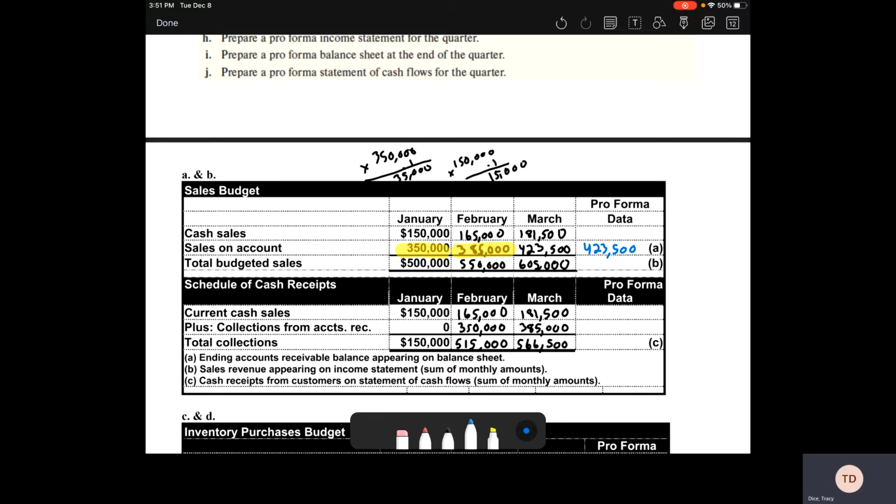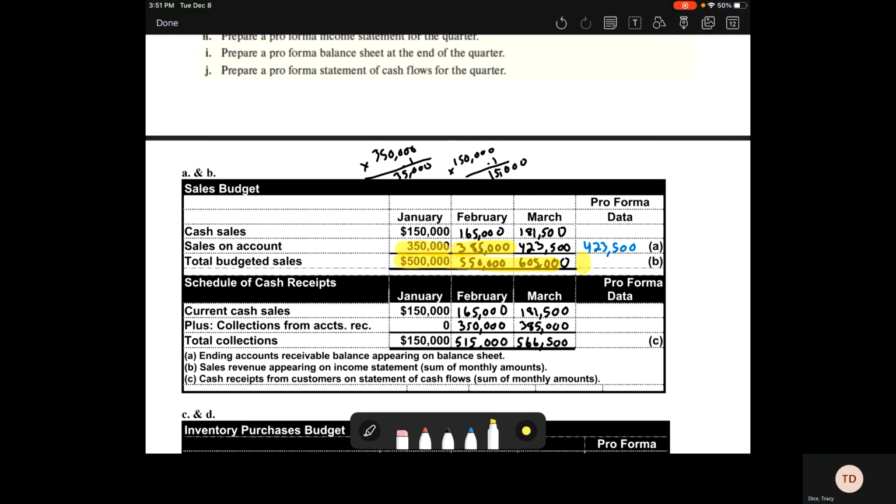We need to figure out our total sales revenue, so we have to add up all of our total budgeted sales, which gives us 1,655,000.